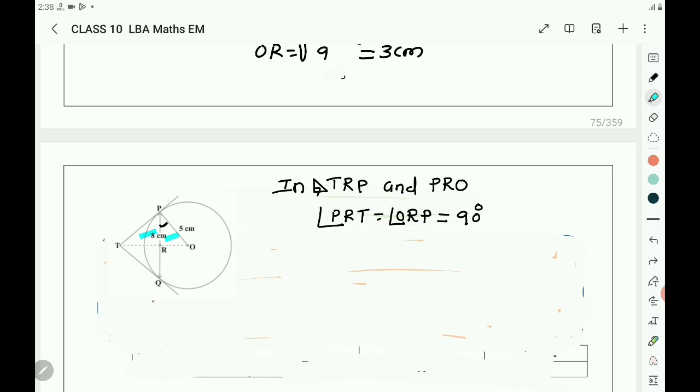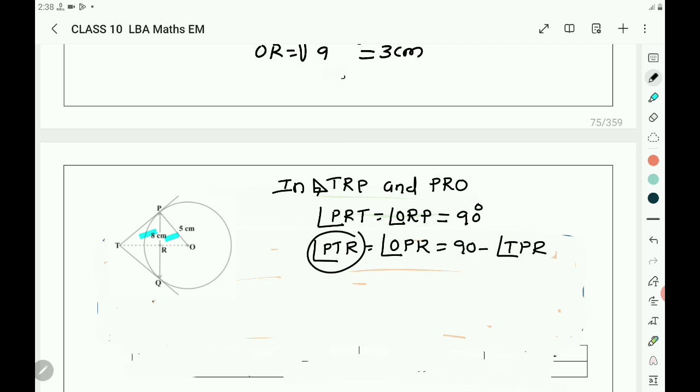Similarly, angle OPR is also equal to 90 minus angle TPR. So they are equal. Then you can write angle PTR, which is equal to 90 minus angle TPR, is equal to angle OPR. Both are equal to 90 minus angle TPR.